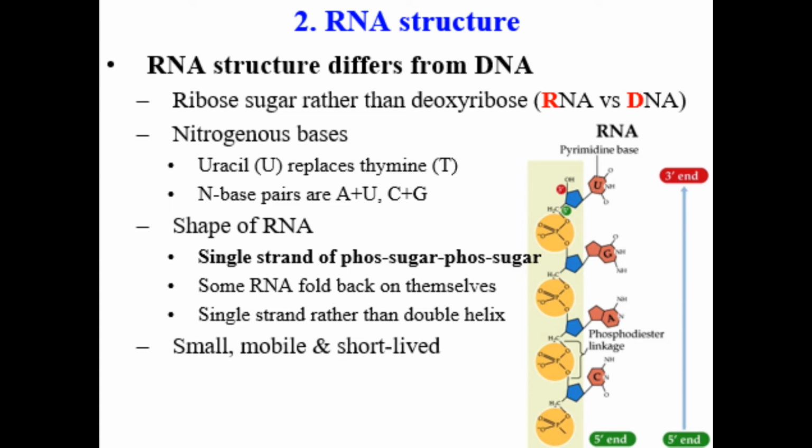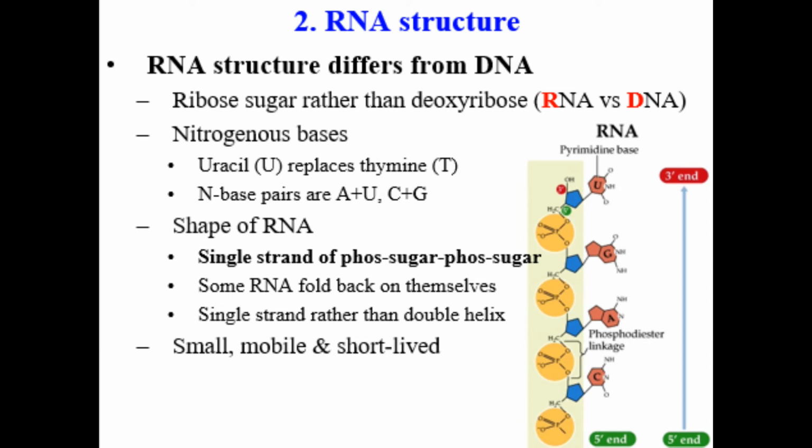RNA is similar in the fact that it's made up of nucleotides, repeating subunits of nucleotides. A sugar, if you look in this figure, there's a blue pentose sugar, a 5-carbon sugar, a phosphate, those yellow phosphates, and a base.